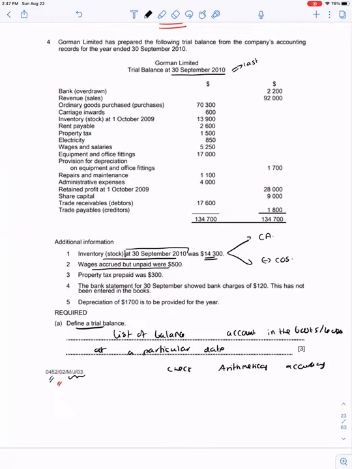Wages accrued but unpaid are your outstanding wages. You have not yet paid it, you still have to pay it, and because it is outstanding, you have to include it as an expense. The other effect is that it will come in current liability, other payables.